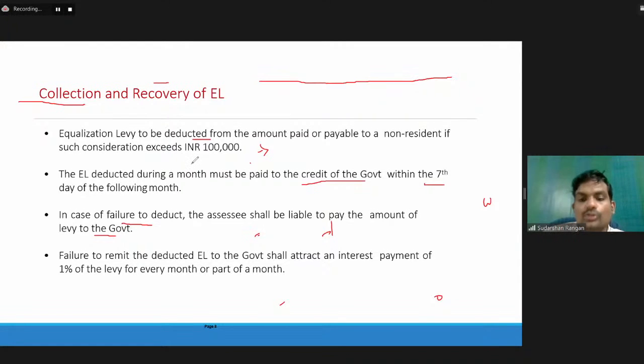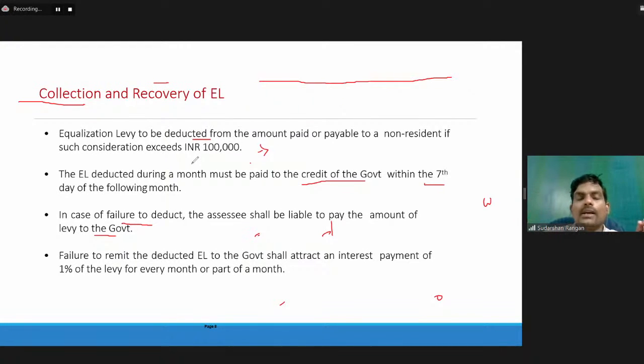There is also other procedure. Please look at this; I'm not spending my time on that. Just like how you file your TDS returns, you should also file an equalization levy statement. The Indian who is discharging has to deduct, deposit, and also file the statement. If that is not done, penalty is 100 rupees.